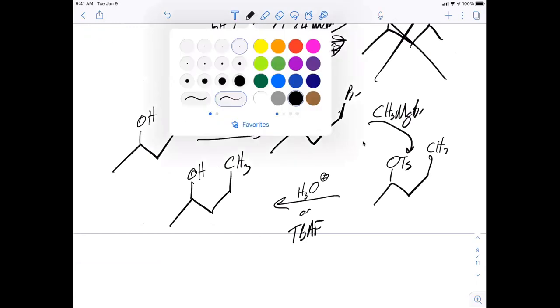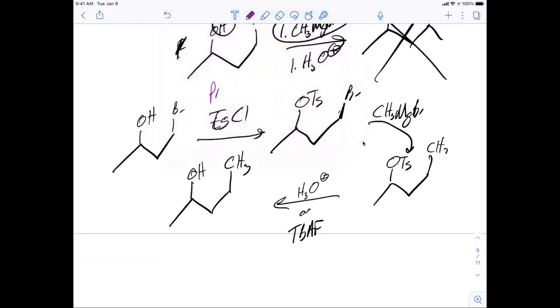So I protect. And what protect really means is I'm changing the functional group, right? I've gone from an alcohol to a tosylate. So functional group changes, functional group's not going to react. Then I do a reaction, right? And then I deprotect. And again, this is an example for organic 1 to remind you of the concept of protect, react, deprotect.